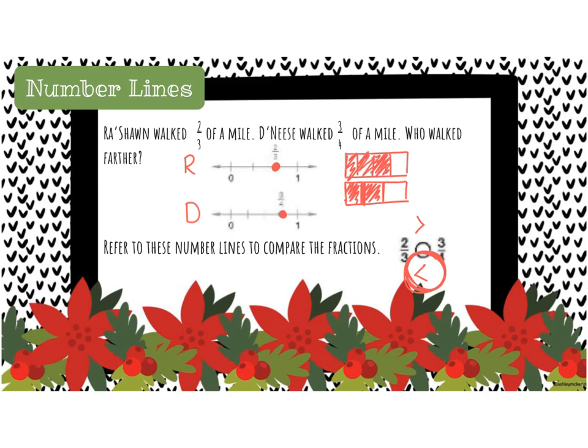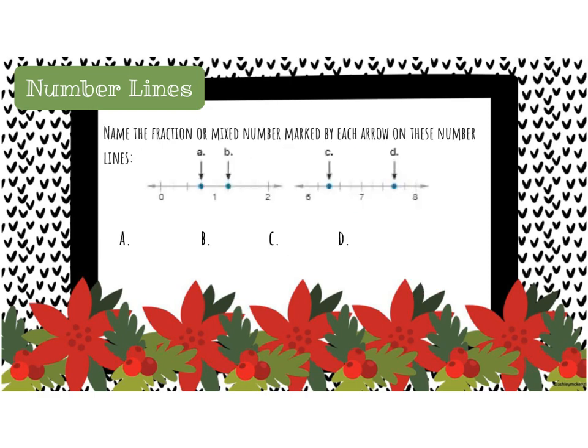Yes. Okay, but you can also see it on a number line too. The line for 3/4 is longer, greater than the line for 2/3. Okay. Any questions on this so far? No, ma'am. Okay, here's some examples that we're going to do together.